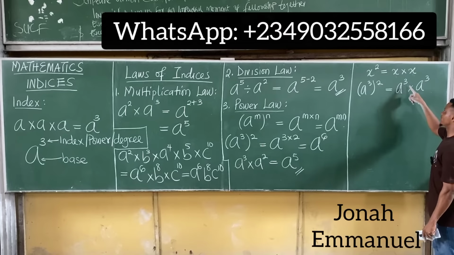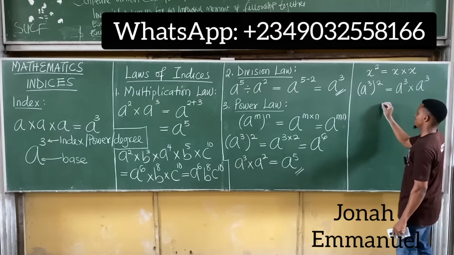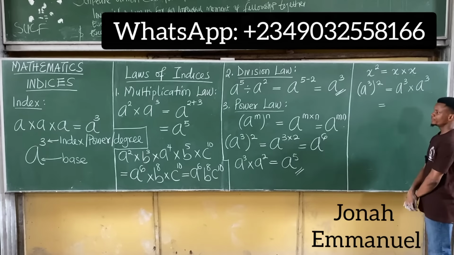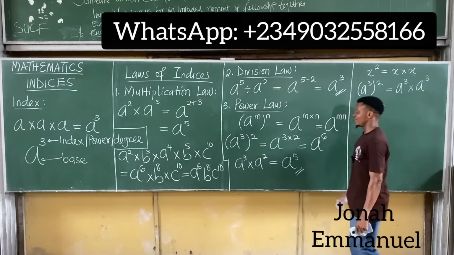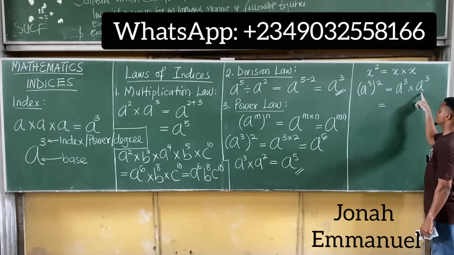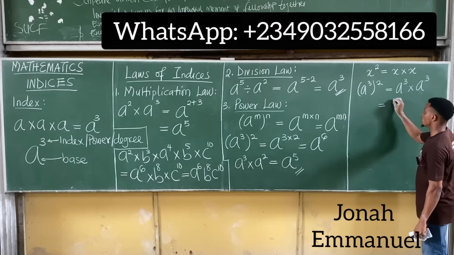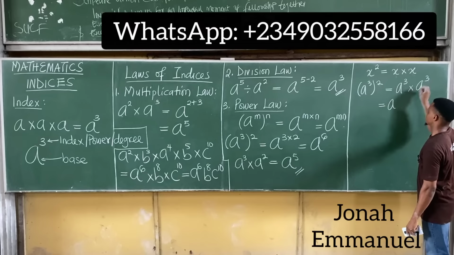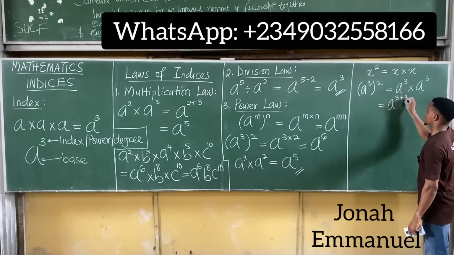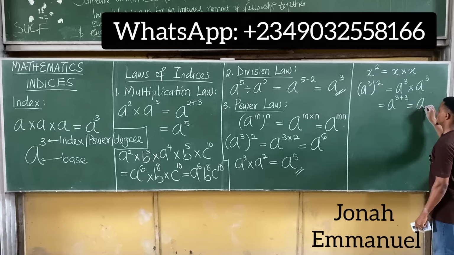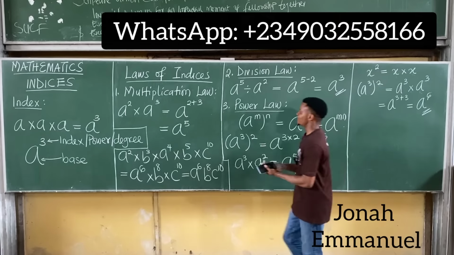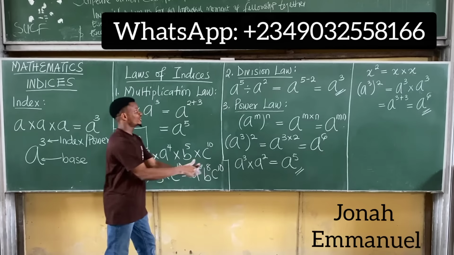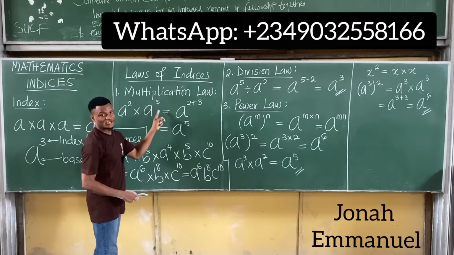It becomes A to the power 3 times A to the power 3. And if I use the multiplication law of indices, we said whenever two same bases are multiplying, we add the powers. So it becomes A to the power 3 plus 3, which is 6. So we can say that the power law is an extension of the multiplication law.